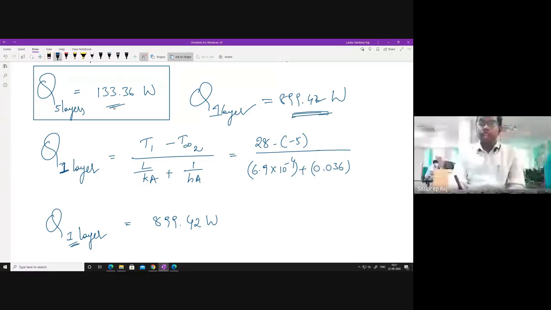When your body is rejecting just this 100 watts of heat, you'll feel much better. The thermal comfort is excellent. You got the point? I hope you got the practical viewpoint behind this particular problem.